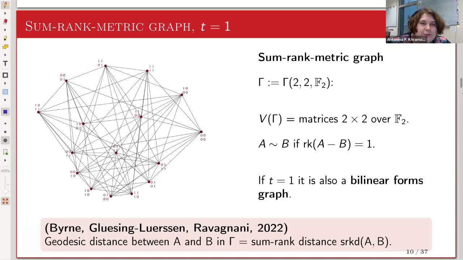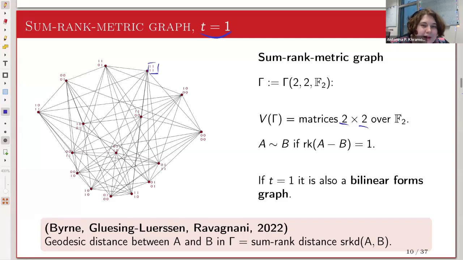So here is one of the smallest non-trivial examples of a sum rank metric graph. Here we just have t equal to 1. So there's one matrix in a tuple, and it's a matrix of size 2 by 2 over F2. So this is what it looks like.